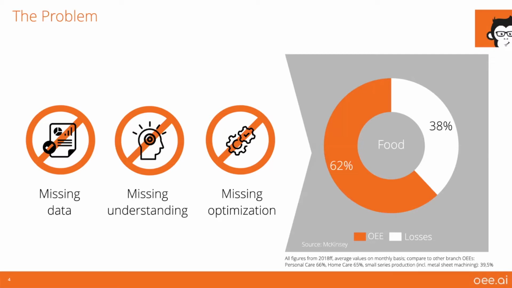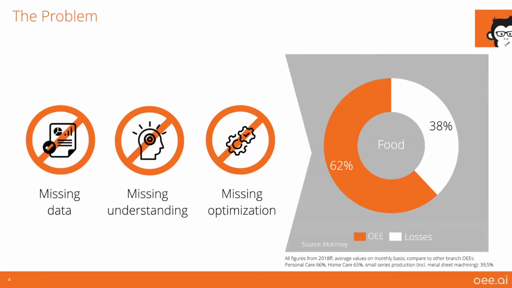If you go to the metal sheet machining area or small series production, we find OEEs that are below 40% on average. And you can see that the losses there account for nearly 60% of all the time. So if you calculate the OEE in your company, you should ask yourself, how large is my OEE? What is the trend? What is the fluctuation? And what are the reasons for this OEE?